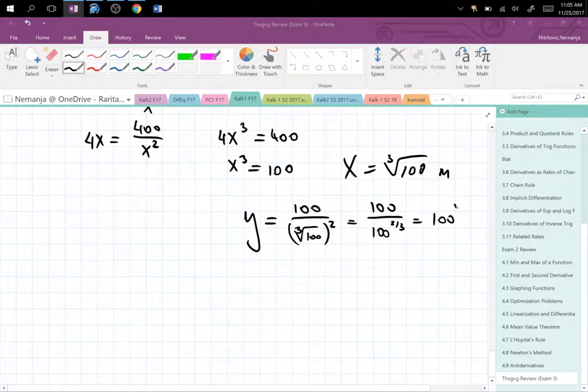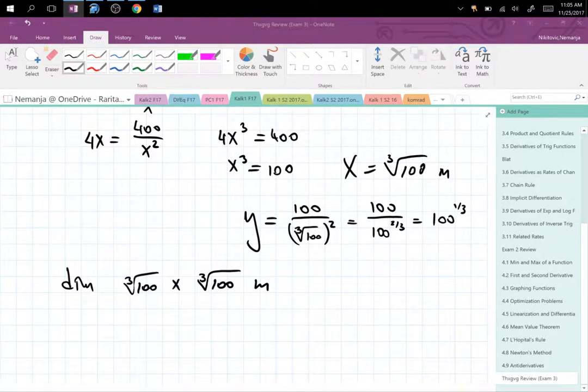So 100 to the 1/3, which is again the cube root. So dimensions are cube root of 100 by cube root of 100 meters. So it's actually a cube. It's a cube.